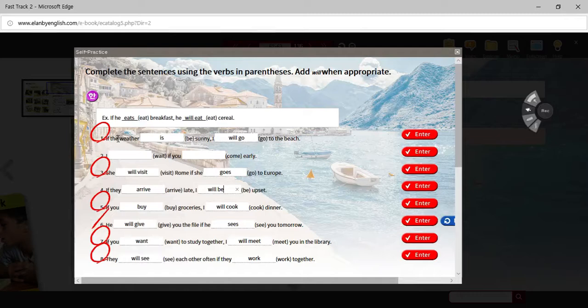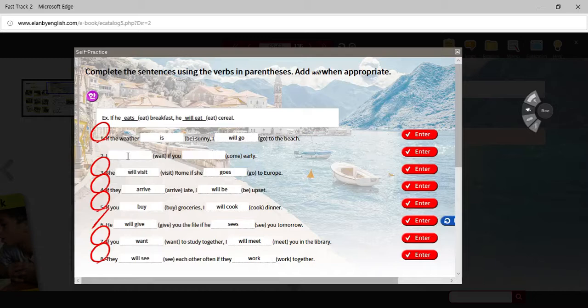So notice here in number 1, we're using the be verb in the if clause. So if the weather is sunny, I will go. Here you're using a modal, will. So the be verb does not conjugate. But here it's all by itself. It's just the subject, the verb, and the adjective. Okay. Number 4, correct? Good.